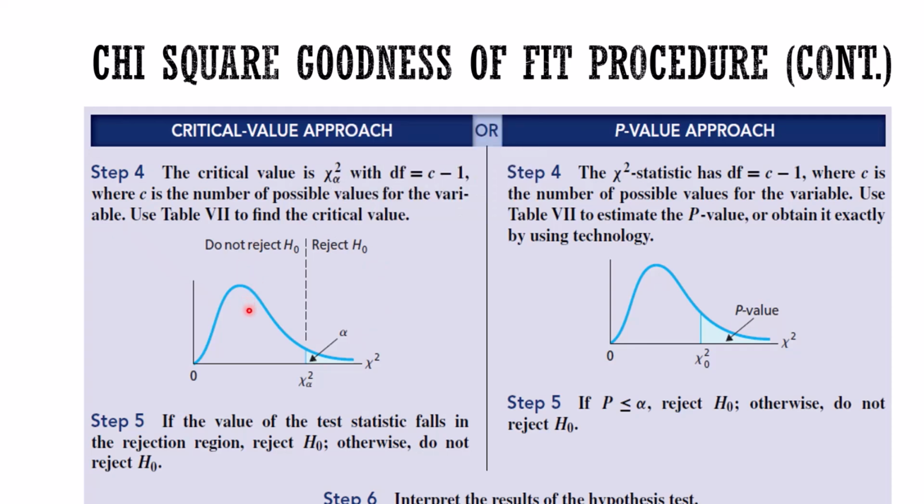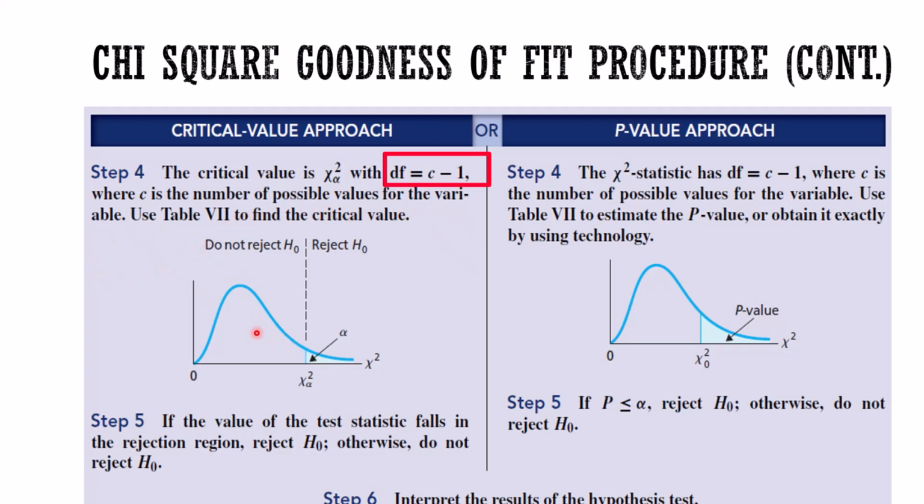The DF, which you will need to calculate the critical value or the cutoff between the reject and the do not reject regions, is going to be C minus 1, the number of categories minus 1, where C is the number of possible values for the variable.